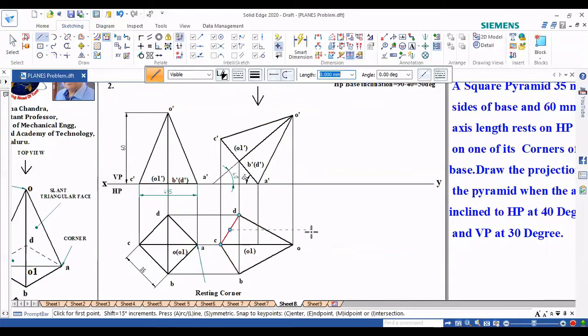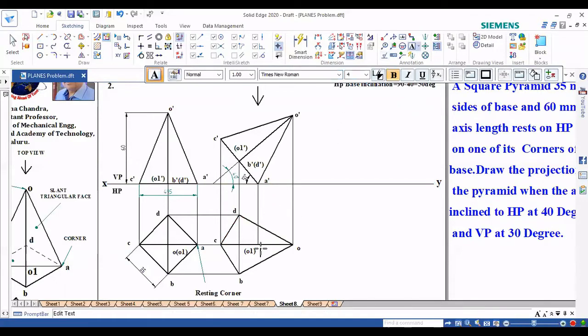Then which is not visible? Here we are left with A. I have left out the naming of A. This is A, but if you watch from the top, A is not visible. So we can keep the corner A in brackets. The edges linked with A are not visible. OA is not visible, but OA is overlapped with OC, so we can't do anything.